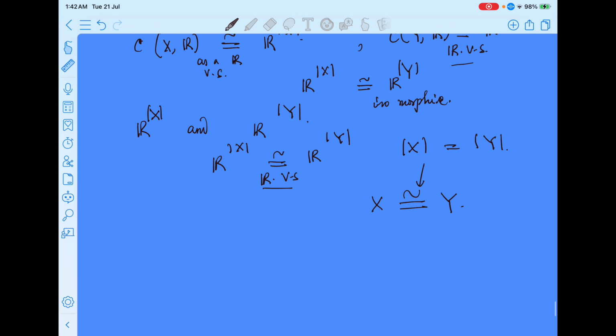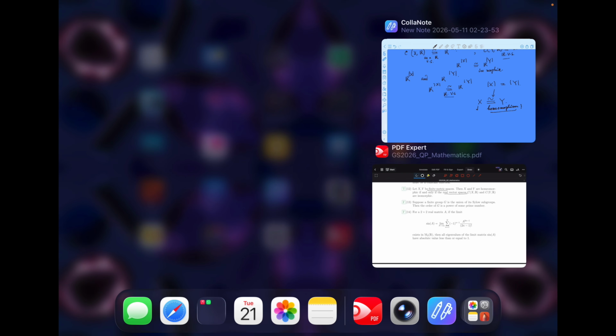Because a finite topological space, if it is finite, that means discrete topology, right? So if you define any map between discrete finite spaces, that has to be continuous. So that means this is a homeomorphism. So this is true.